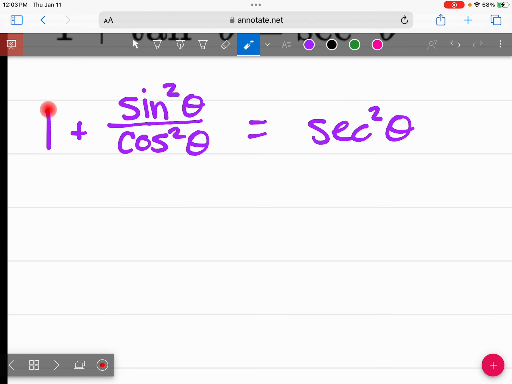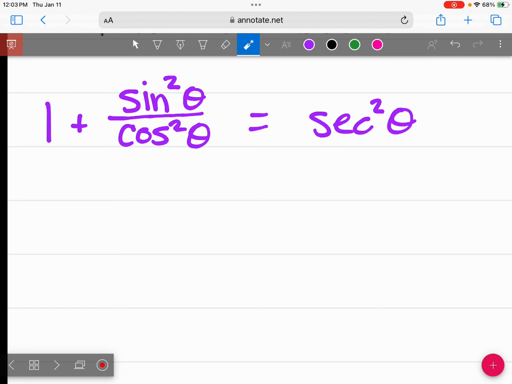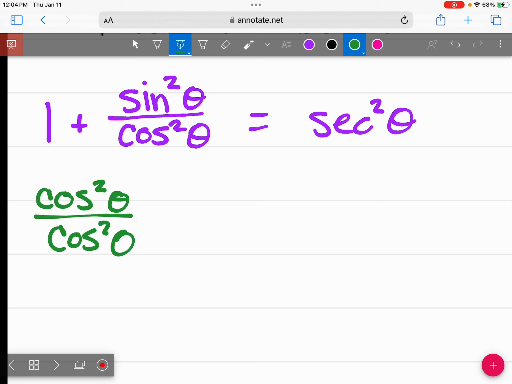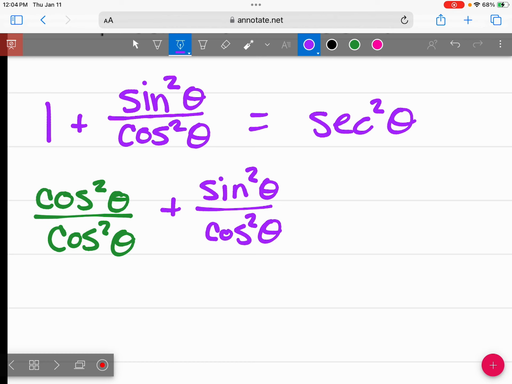Because what I'd really like to do is to be able to combine these together, which means I need it to have a common denominator. So I'm going to take this 1 and multiply it by cosine squared over cosine squared. And we're still adding it to sine squared theta over cosine squared theta.